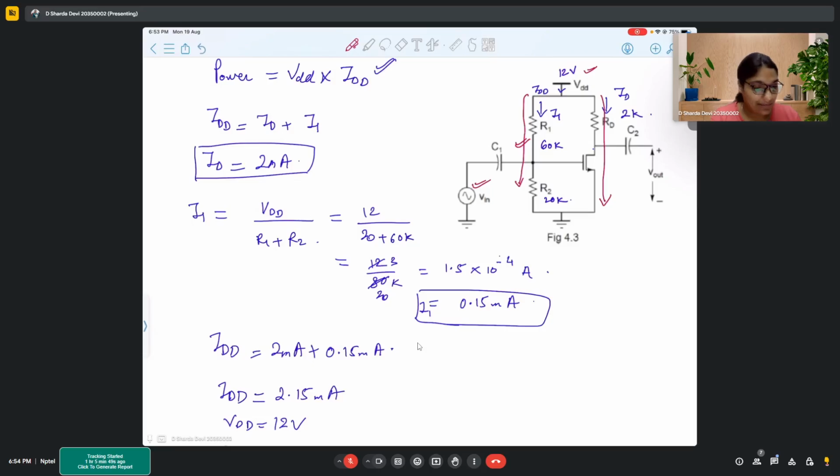Yes, ma'am. But there should be some power that is dissipated when the signal also flows through the circuit. Is that negligible in this case? Yeah, it's almost negligible. Why? Because of the signals that you will be amplifying.